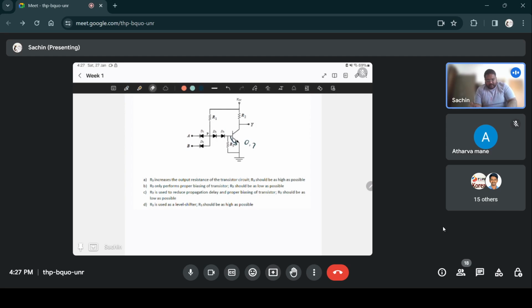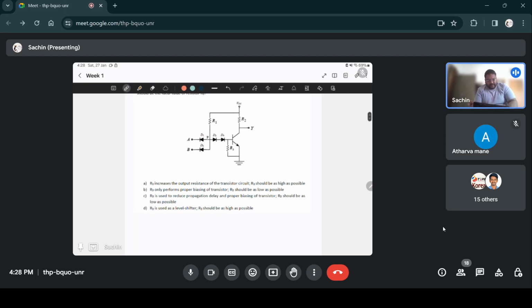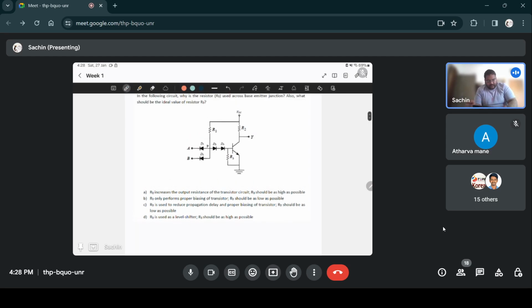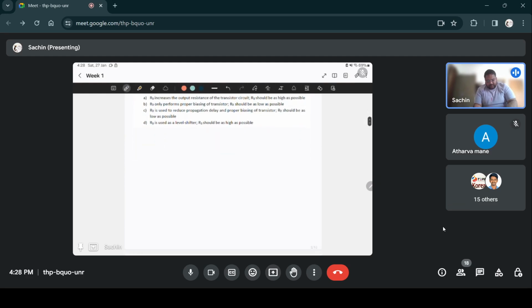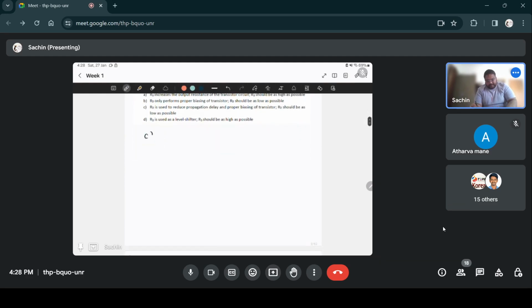That will happen when 0.7 volts drops across this resistor. It just makes sure that there's no funny business going on here. Without that resistor, it will still work, but there might be problems in specific situations. And R3 should be as low as possible.